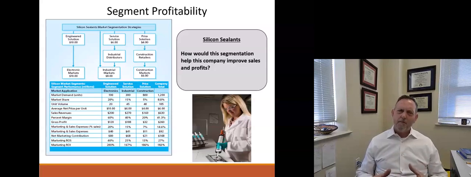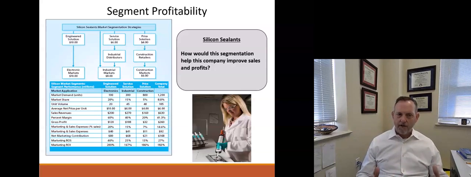So which of these market segments, though, are most attractive? Well, look at the demand numbers. The electronics is much lower than industrial, which is much lower than construction. It's probably thousands of units, or whatever it is, and in the examples, 100 units versus 300 units versus 800 units. So the construction market is 8 times larger than the electronics market in size.